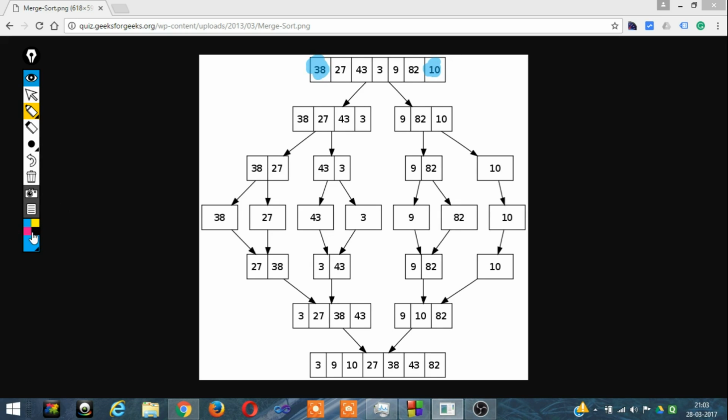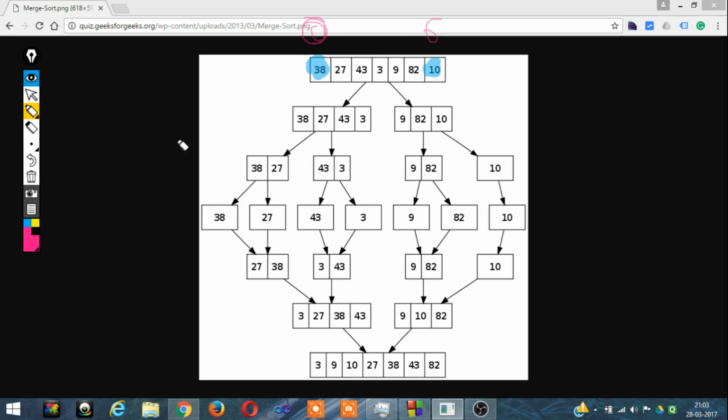Now you should know that in C, array index starts from 0 and goes up to n minus 1. So 0, 1, 2, 3, 4, 5, 6. So it is 6.